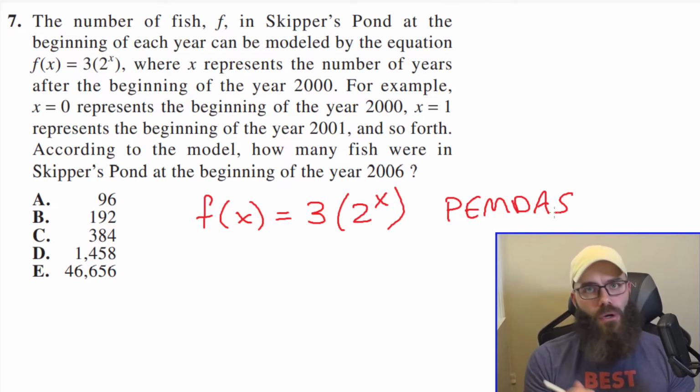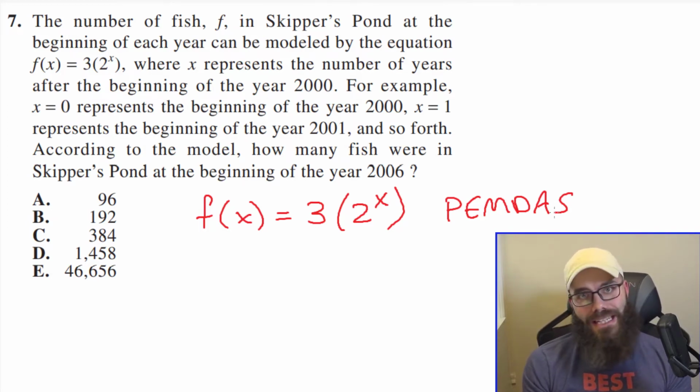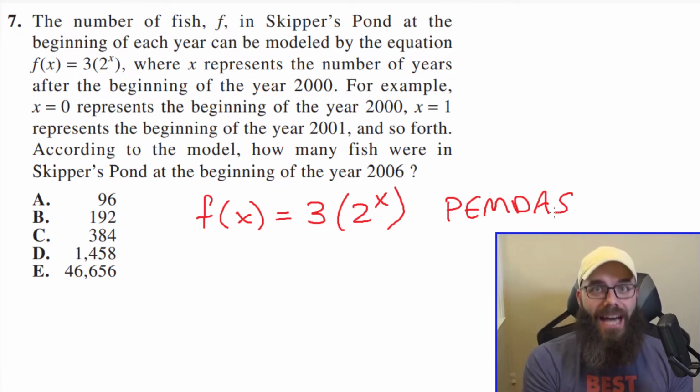You do not multiply before you take care of those two operations. 2 to the x power, that is an exponent. So do not multiply 3 times 2. This does not equal 6 to the x power. I see so many students making that mistake. Order of operations is highly, highly important.